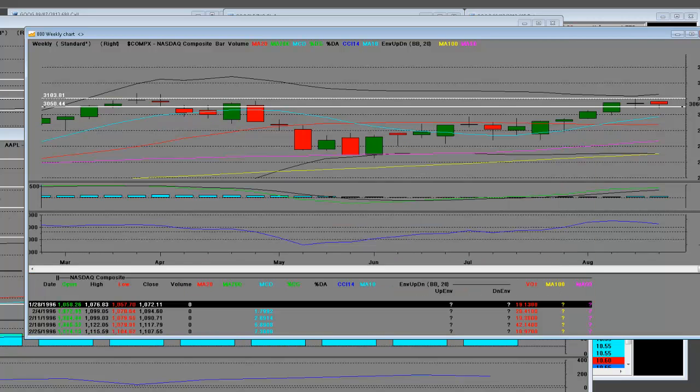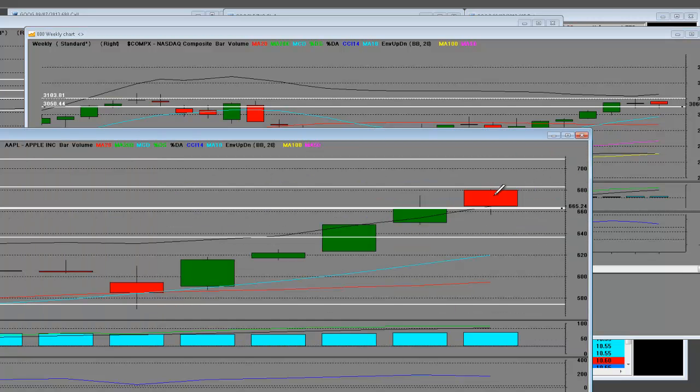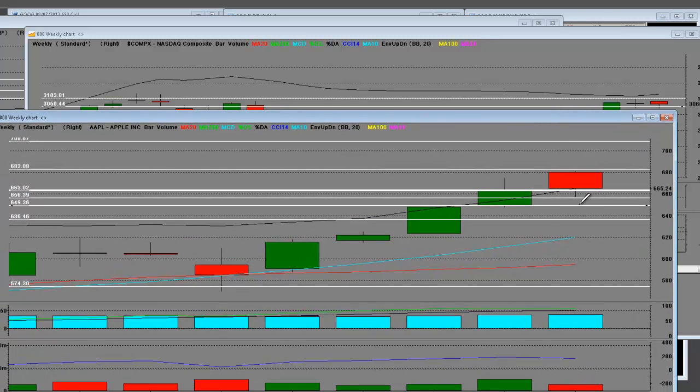What I am going to tell people is that if Apple continues its weekly reversal and starts to break down below this trend line that I have drawn right here, which is half of that weekly bar, and if Apple was to continue to sell down here, that means that the Nasdaq Composite would be dropped down.